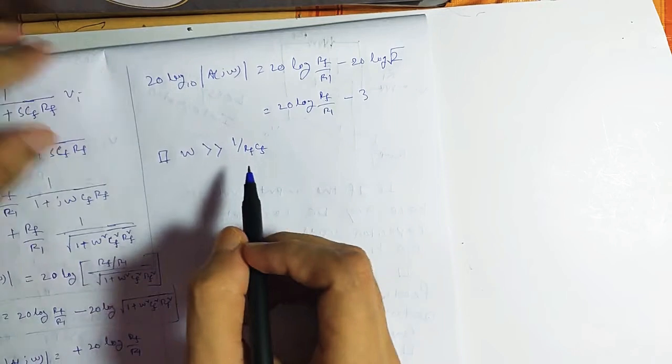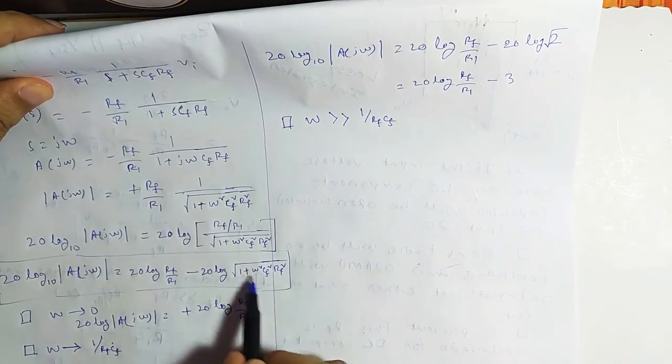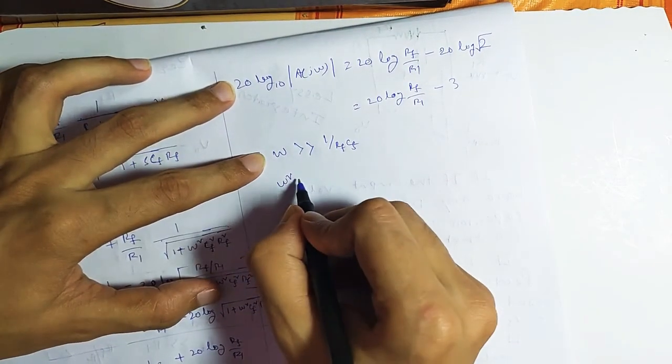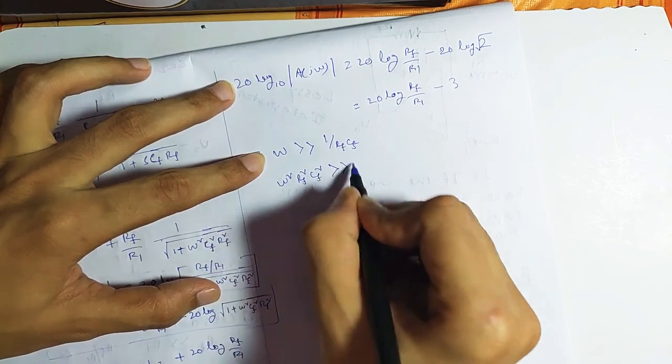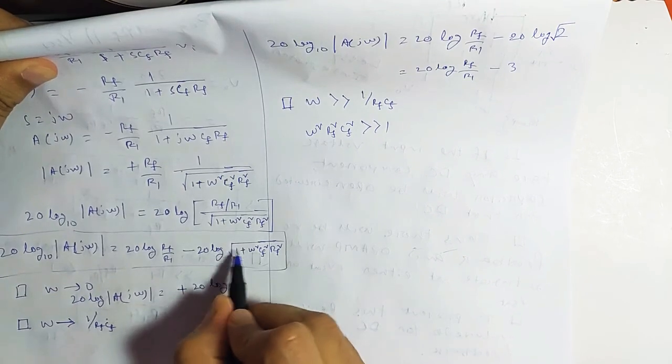As a result, omega square Rf square Cf square is much greater than 1, so we can neglect this 1.